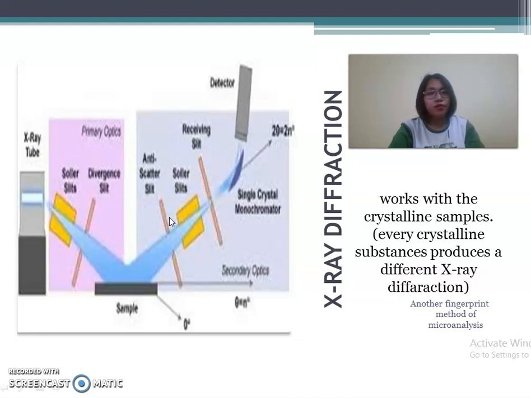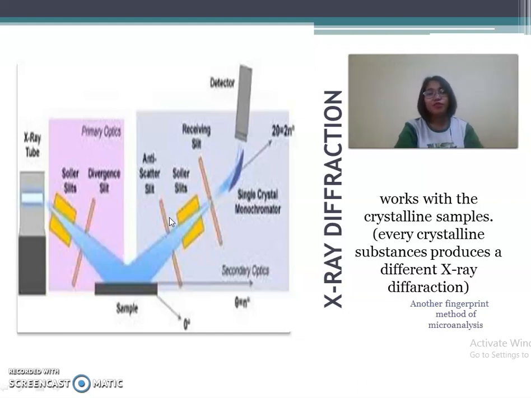For example, there is no need for chemical testing of unknown drugs. So we can use X-ray diffraction to analyze the collected drug samples in the crime scene.